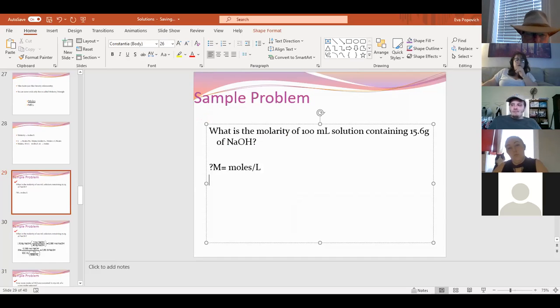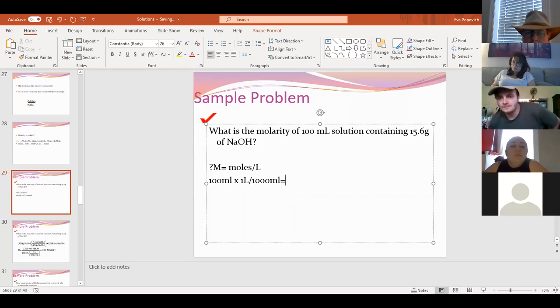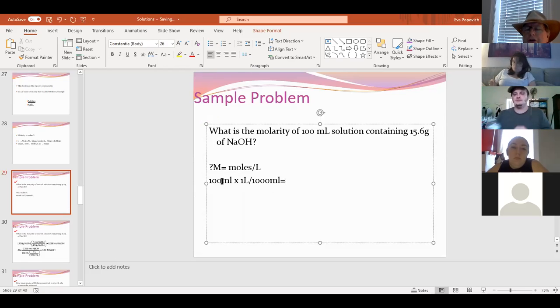You have to convert milliliters to liters first. And by the way, guys, you're going to get tired of doing this. 100 milliliters is equal to 1 liter divided by 1,000 milliliters. In other words, every time you want to change milliliters into liters, you move the decimal place 3 places to the left.